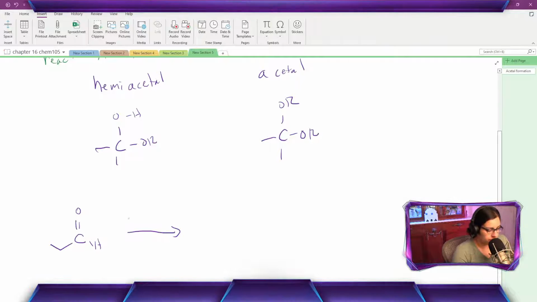So now we're going to react it with our alcohol in the presence of an acid. So that's ethanol in the presence of sulfuric acid, so a strong acid.